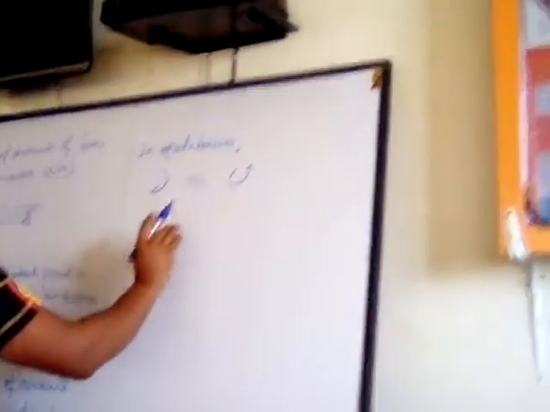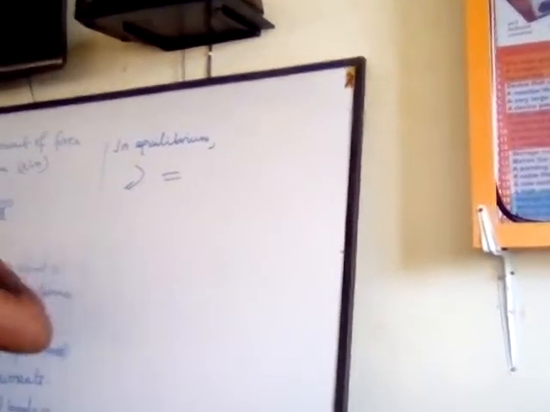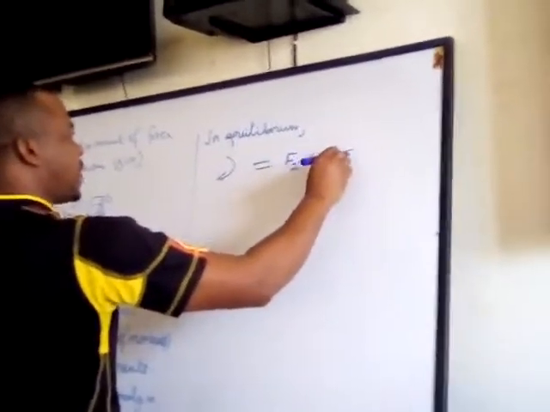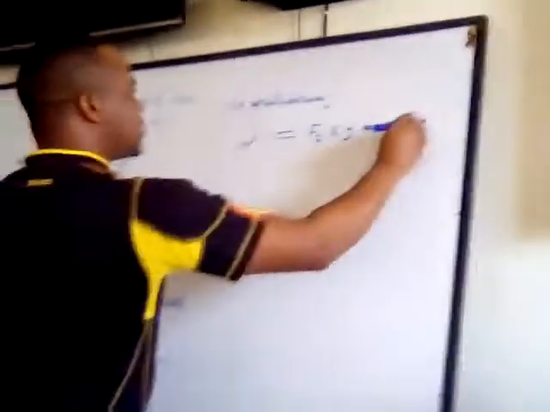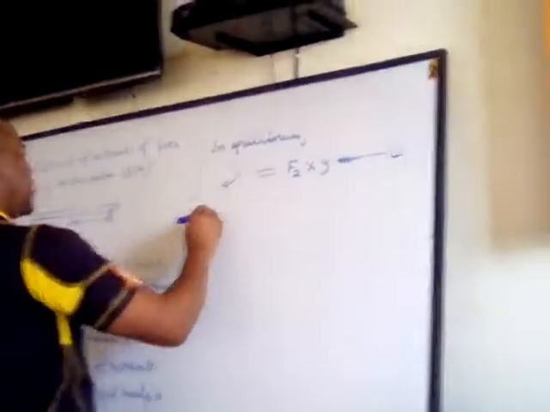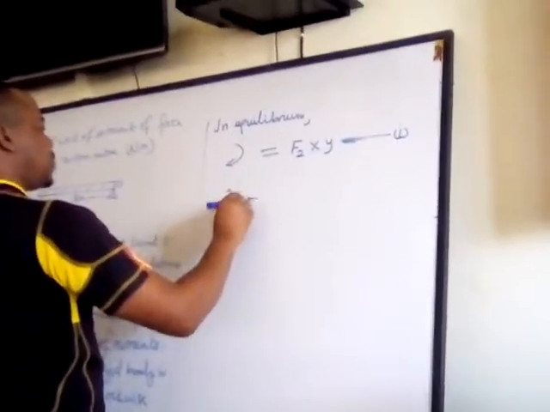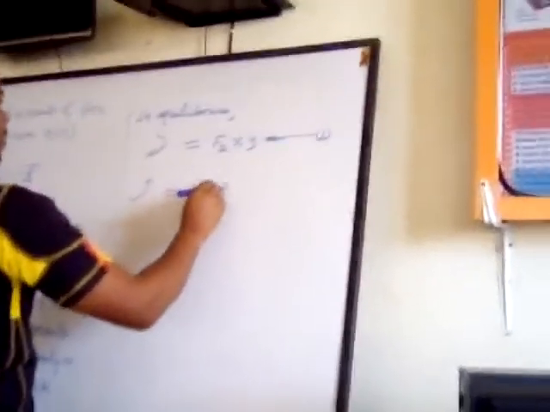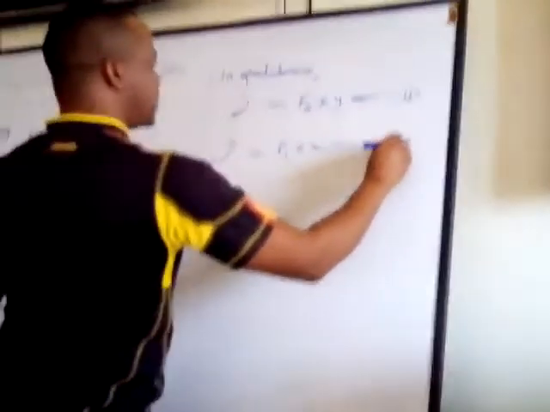The clockwise moments will be F2 times the perpendicular distance y, and we can say this is equation 1. The anti-clockwise moments will be F1 times the perpendicular distance x, and this is the second condition.